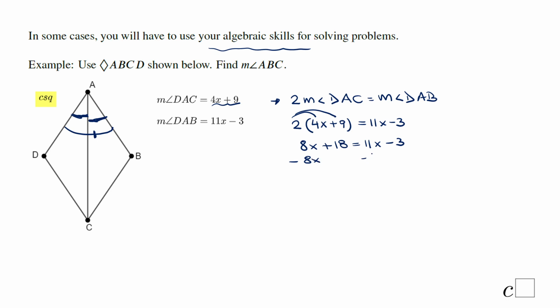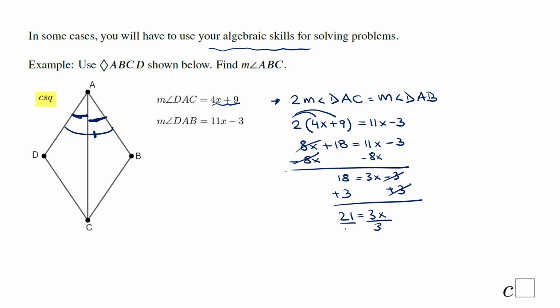I'm going to subtract 8x, and I have 18 equals 3x minus 3. We're going to add 3 on each side to get rid of this minus 3, and have 21 equals 3x. Divide by 3. x equals 6. Now, we are not done with this problem because we need to find the measure of angle ABC, which is this angle here.